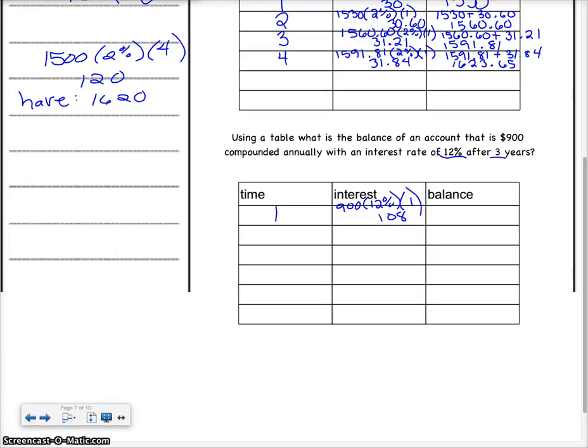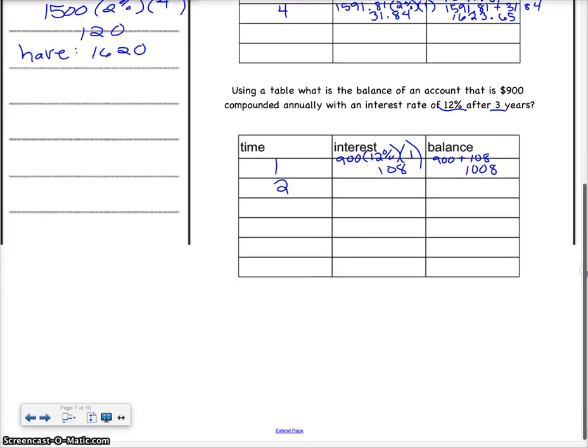See, look at that. That's because your interest rate's higher. So now the balance that I have is 900 plus your 108, which is 1,008, correct? Okay, now I'm going down to year number 2. And I'm going to earn interest based on the interest I previously earned. So now I'm going to get 1,008 times the 12% times the 1 year that I'm recalculating it.